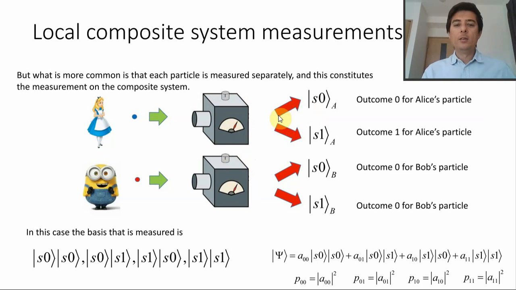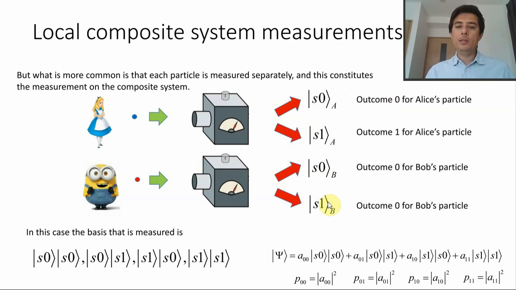But there are still all the different combinations: Alice could get 0 and Bob 0, or Alice 0 and Bob 1, or Alice 1 and Bob 0, or Alice 1 and Bob 1. So there are still the four combinations that we had.